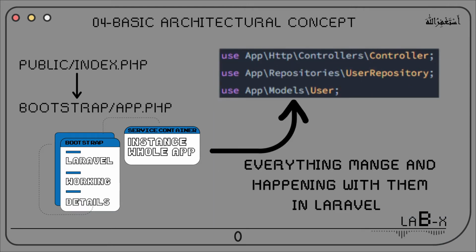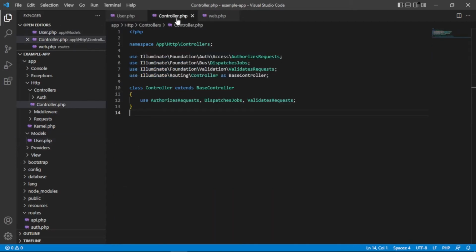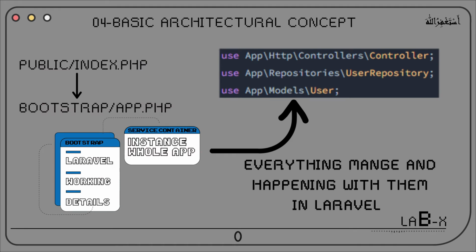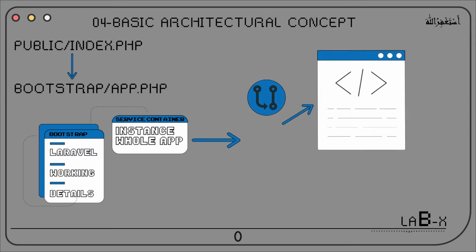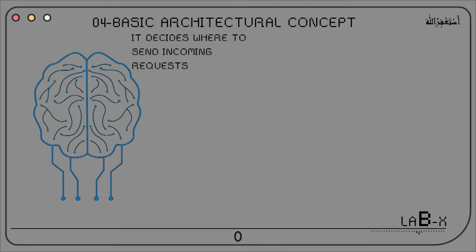Dependency injection is a fancy phrase that essentially means class dependencies are injected into the class via the constructor or, in some cases, setter methods. These are so important and we use these service containers each time, but we will learn about them in detail at the third point.